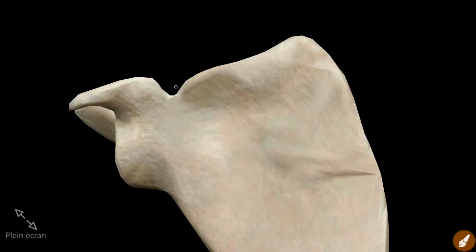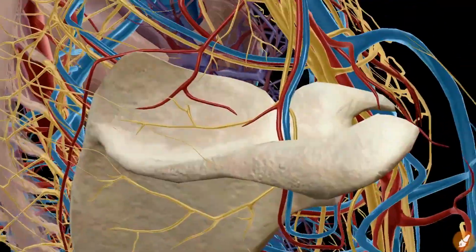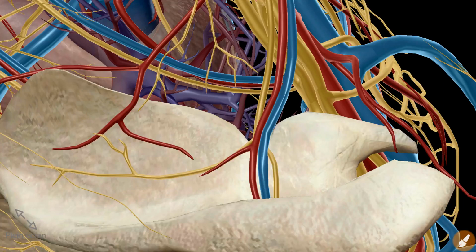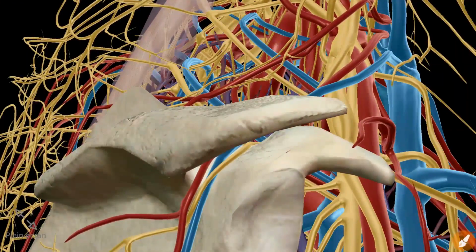We call it the suprascapular notch. Three elements go through the suprascapular notch, which are the suprascapular vein, artery and nerve. They are the same elements that we have mentioned earlier.